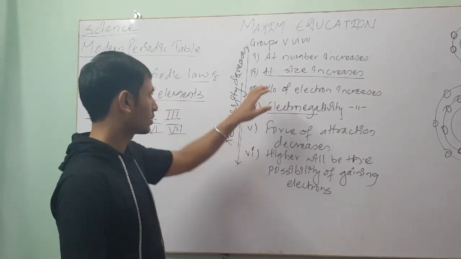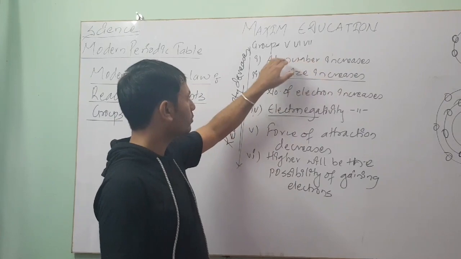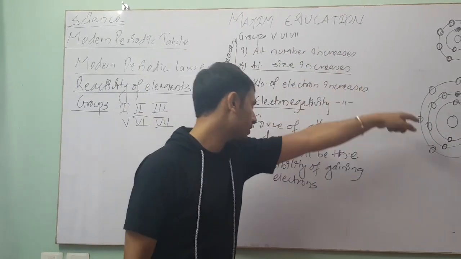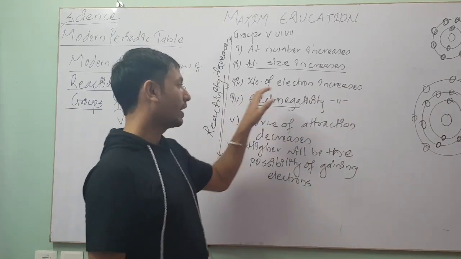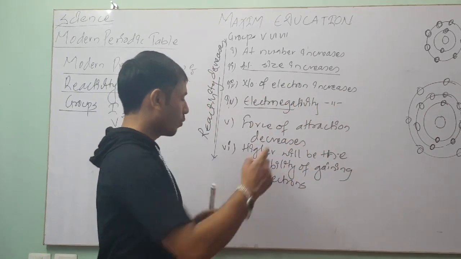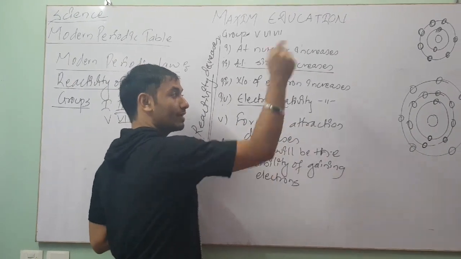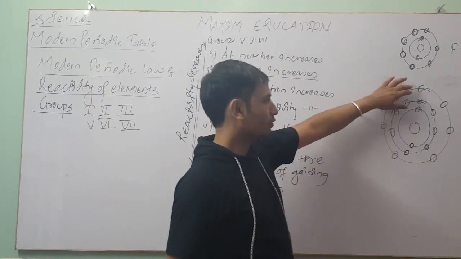Look here. While moving from top to bottom, atomic number increases, atomic size increases, number of electrons increases, and electronegativity decreases. Why? The force of attraction decreases in the valence shell.